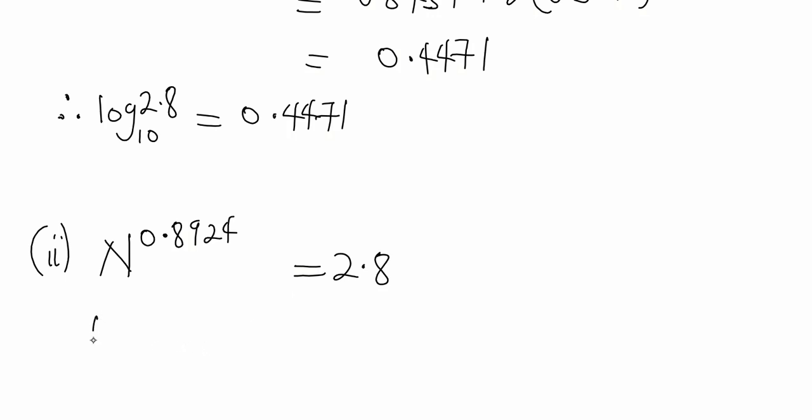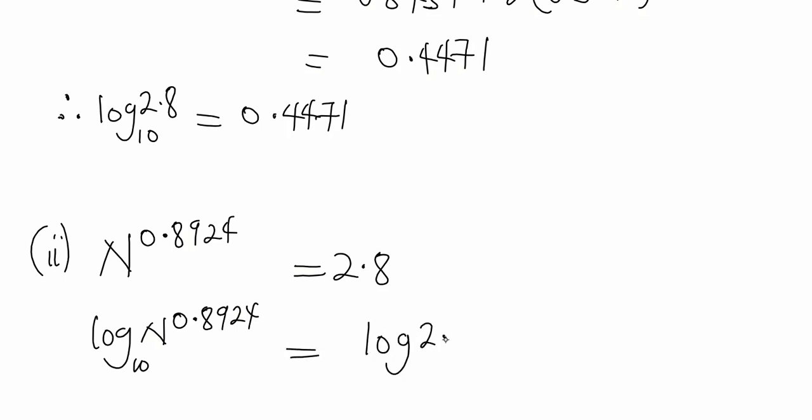So at this point, you're going to have logarithm of n exponent 0.8924 base 10, which is equal to the logarithm of 2.8 base 10. So already we have been able to find the value of log 2.8 base 10 to be 0.4471.